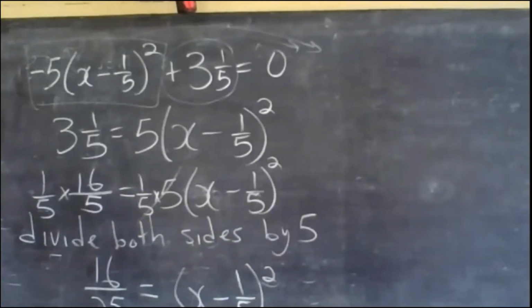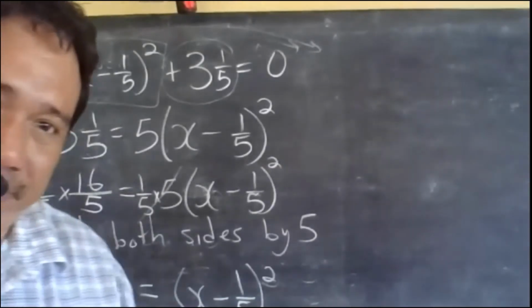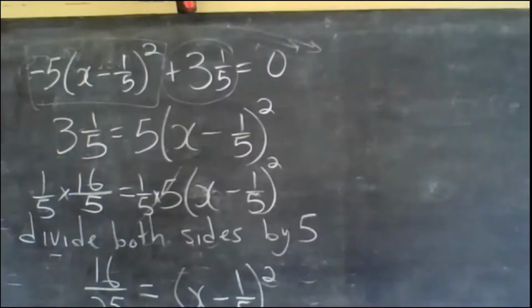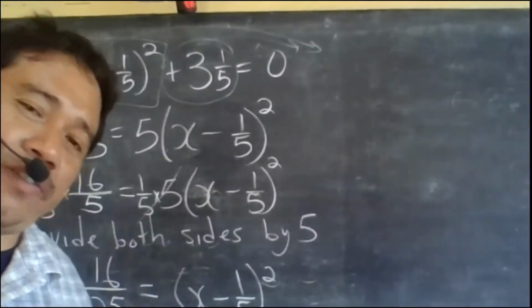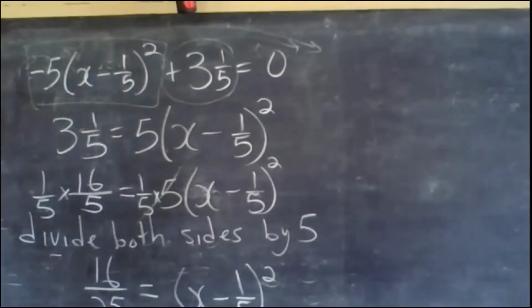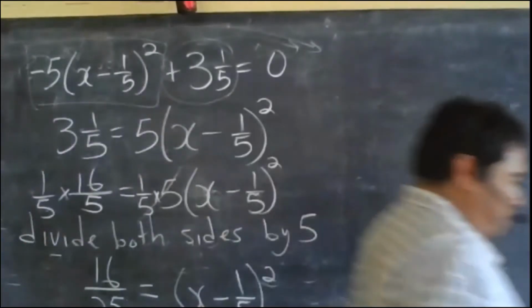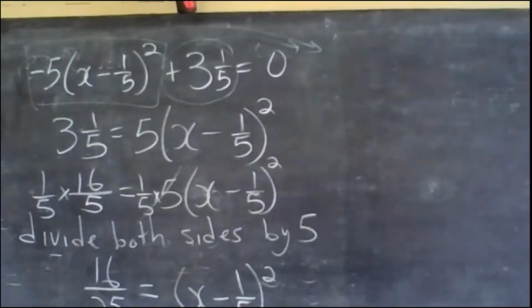What is the opposite of a square? What's the opposite of squaring? Rooting.